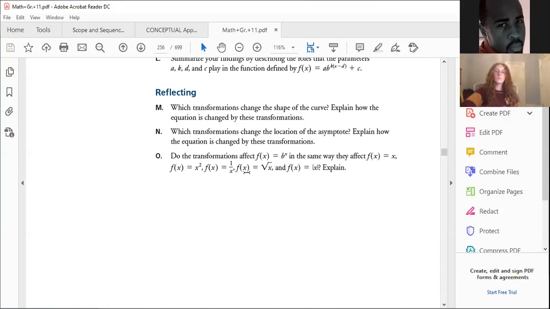The square root of x does form a curve too. And the absolute value of x does give you a v-shaped curve. So all of those four are curves. So do the transformations affect b of x in the same way they affect f of x equal x squared? I'm going to take a guess here and say no.